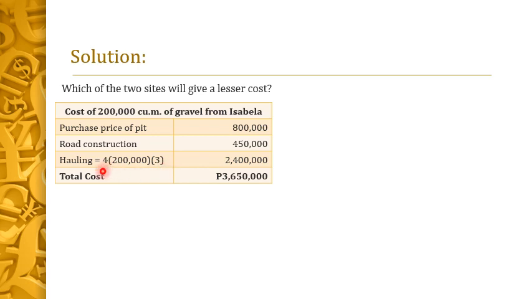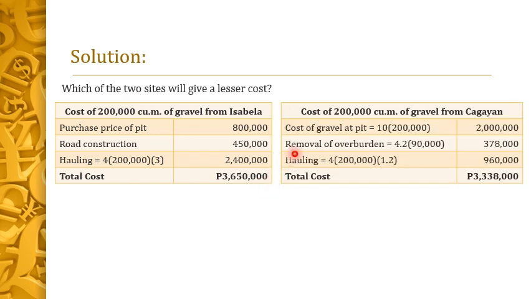So getting the product, this is equal to 2,400,000. Getting the sum of these three, we have the total cost for Isabela equal to 3,650,000.